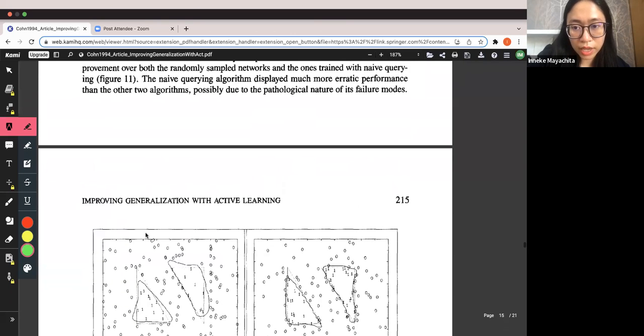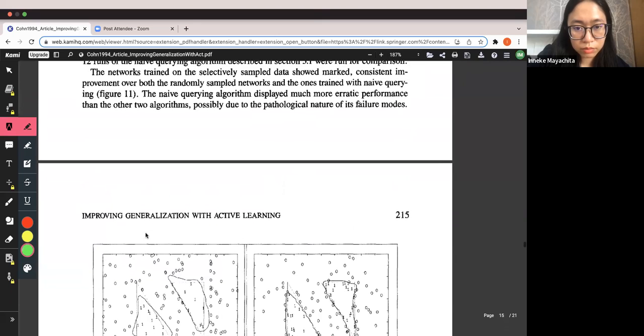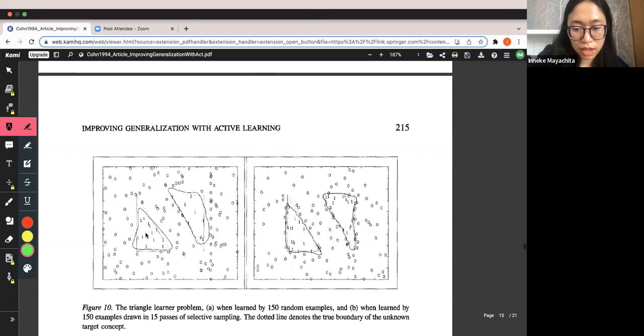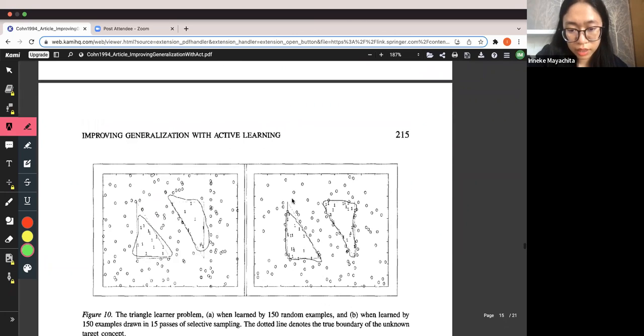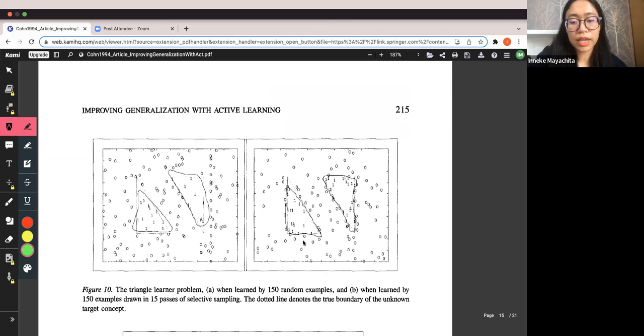So here they just present that with this active learning, they have a better shape, one that represents the triangle better.